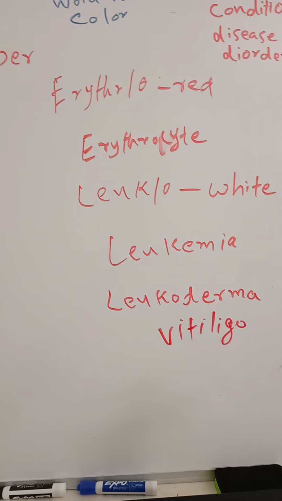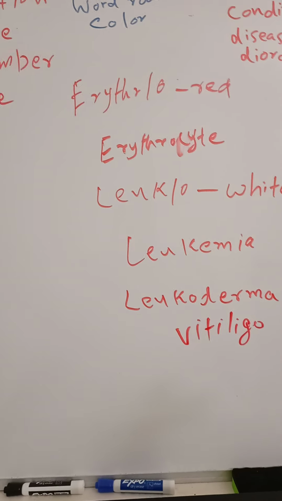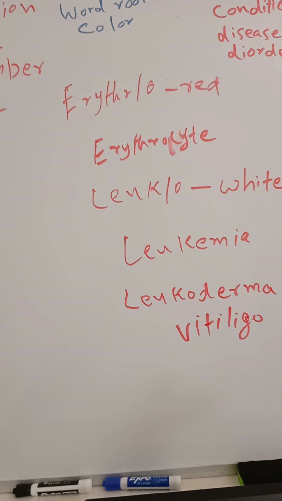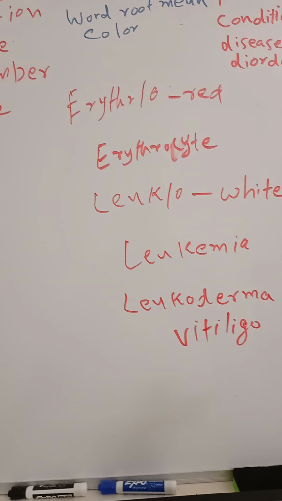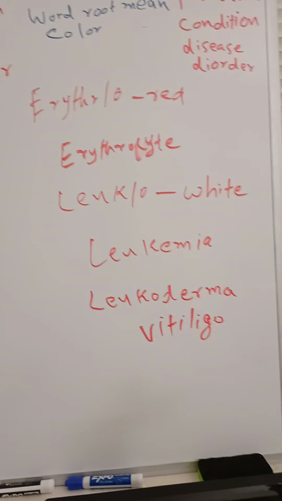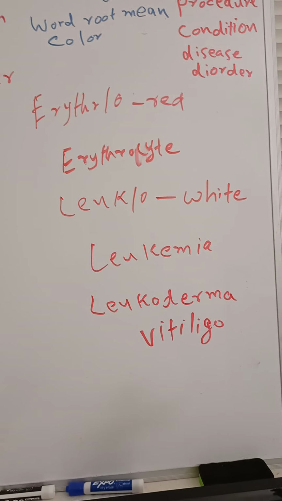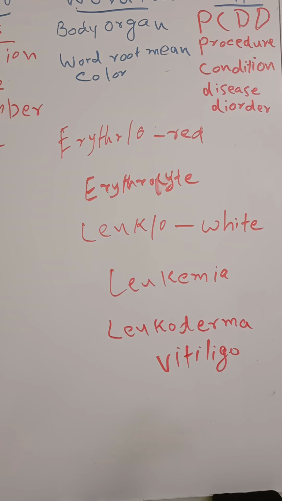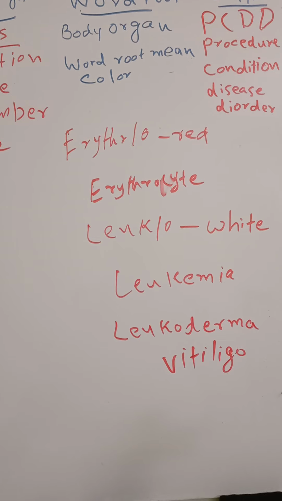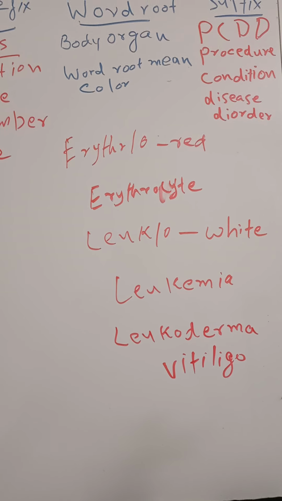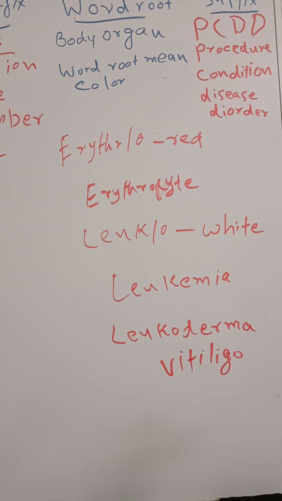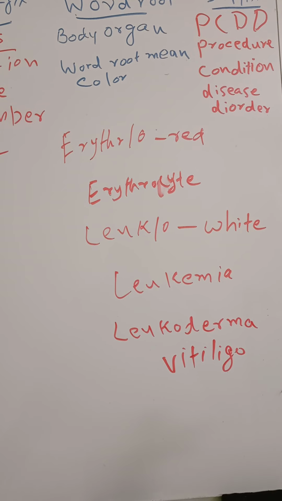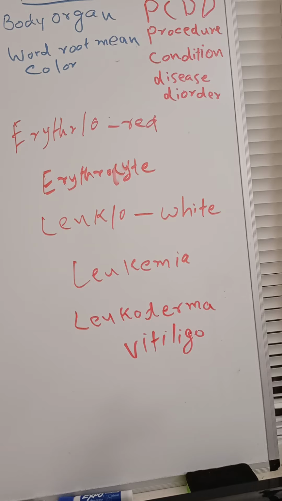In vitiligo, a patient develops white patches on his skin, whatever is the color. Milk white patches. Usually they develop on the face or chest. So from leuk you make two words: leukemia, blood condition of too many white cells, or blood cancer, and leukoderma, white skin, which is commonly known as vitiligo.